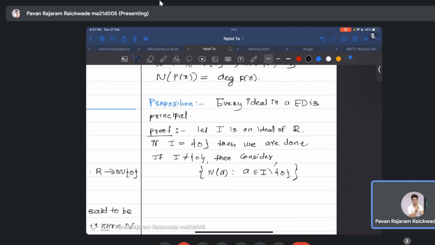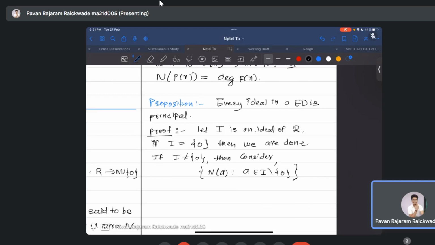Okay, so consider the norms of all non-zero elements in I. This will have a minimum element, a minimum norm element, right?